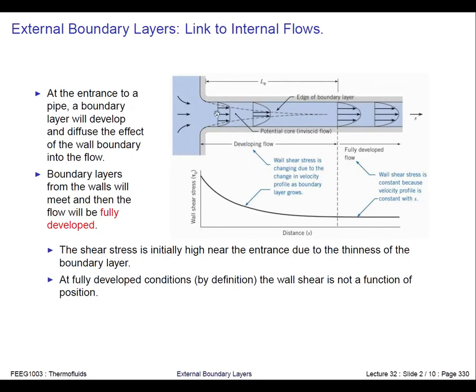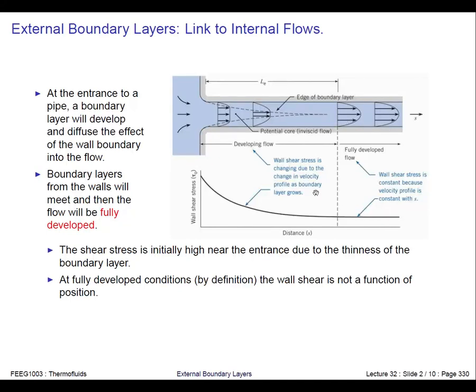Effectively it develops because the entrance of a pipe is a bit like an external boundary layer, and the boundary layer develops and gets bigger and thicker until it meets the boundary layer from the other side, and the shear stress distribution sorts itself out, and we get to this fully developed state.